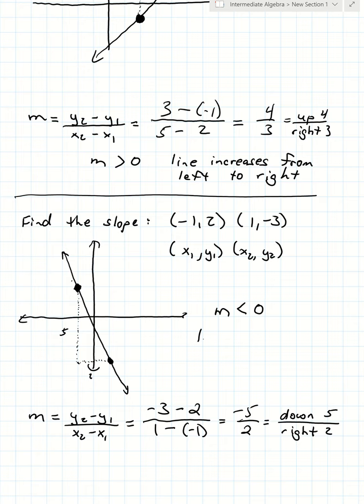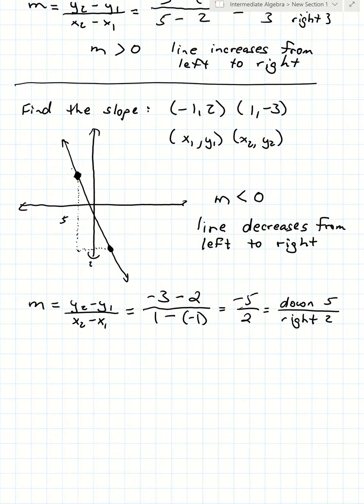When we have a negative slope, we see that the line decreases from left to right. And once again, that will always be true whenever you have a negative slope. Okay? If the slope is positive, your line will increase. If your slope is negative, your line will decrease. Okay? So keep that in the back of your mind.